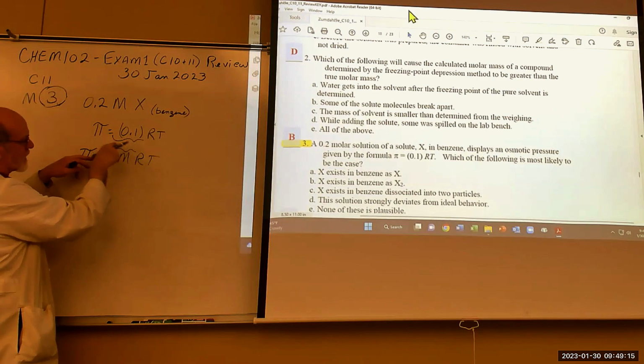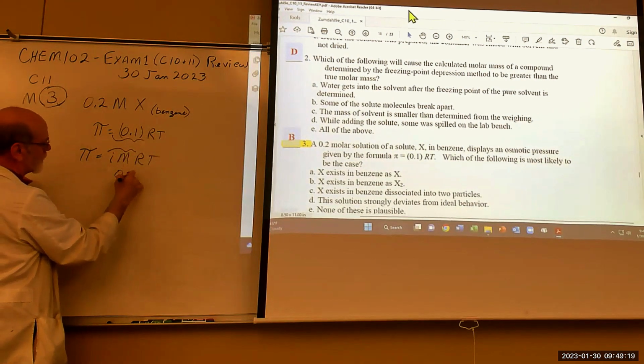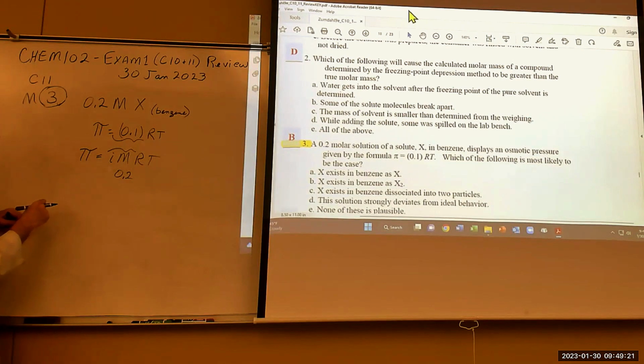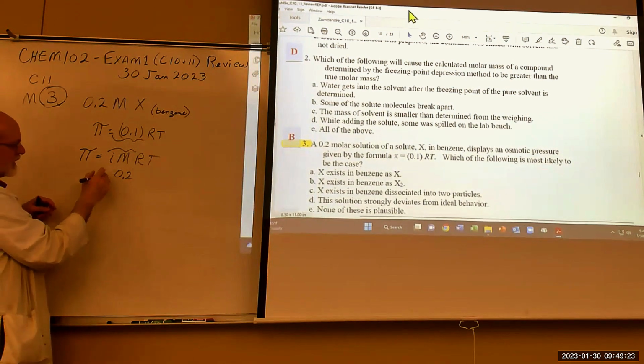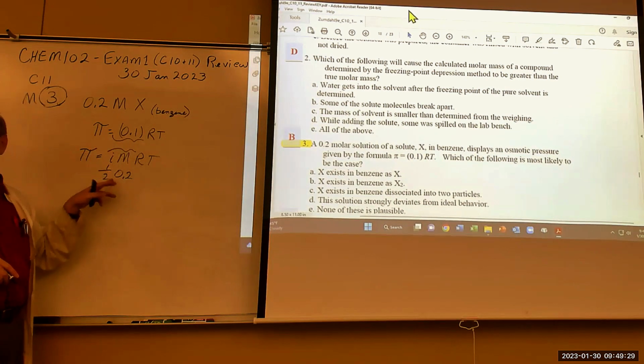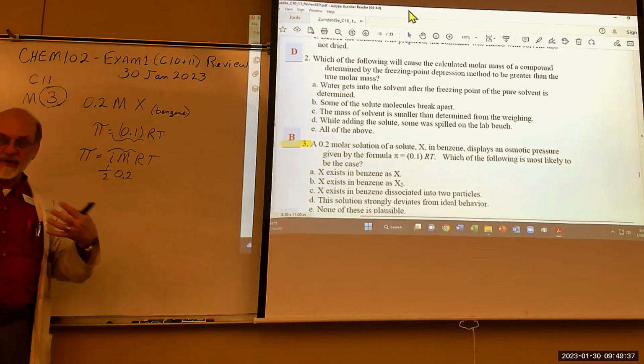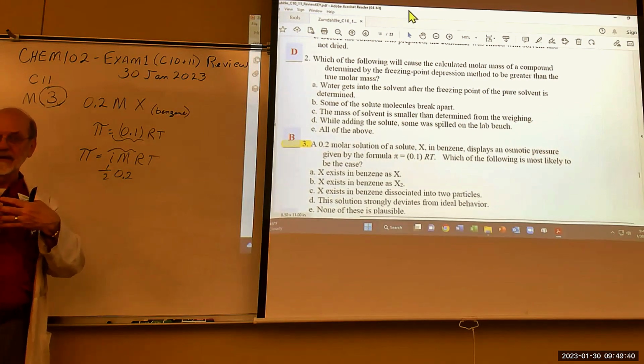So if this value here is 0.1, but the concentration started off at 0.2, then what does that mean? Van't Hoff has to be 1/2. 1/2 times 0.2 is 0.1. Do you see that? Okay, so why would it be 1/2? It's not dissociating. It must be pairing.